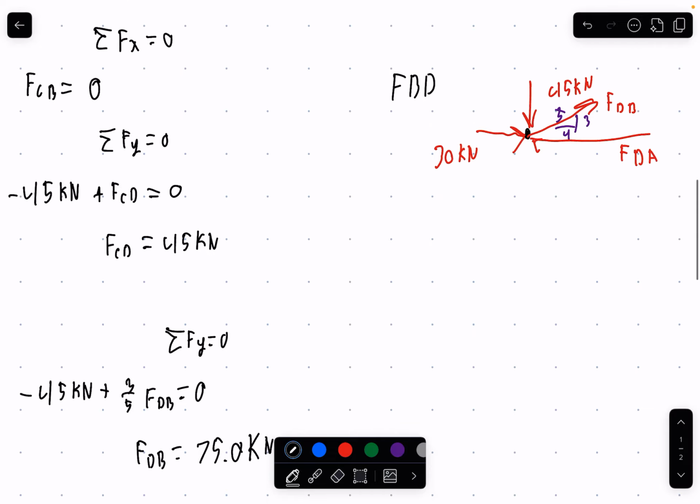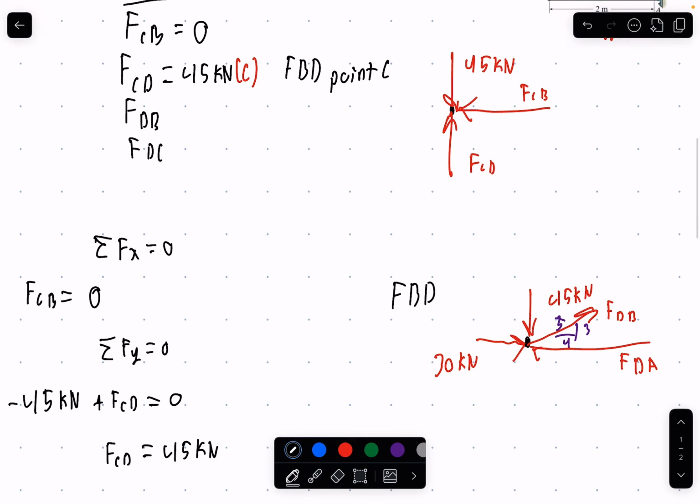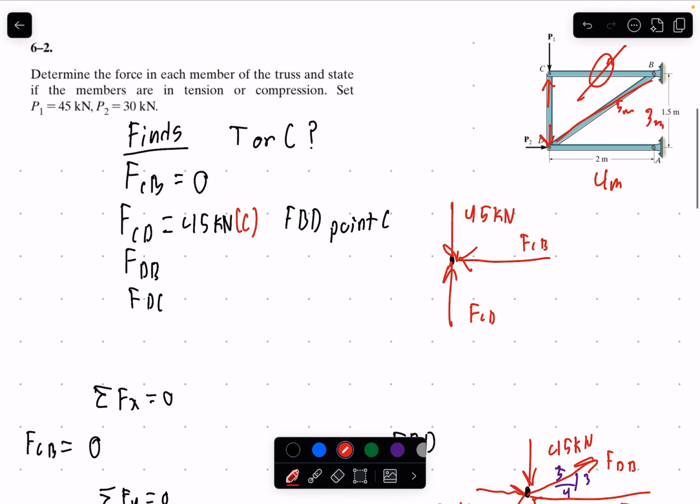To find whether it's in tension or compression, we can take a look at our diagram right here. Since we got a positive answer, we know that we drew the direction of the force in the correct direction. So we know it'll be acting like this. The force at D and B will be acting like that. The rod is pushing against the points like that.